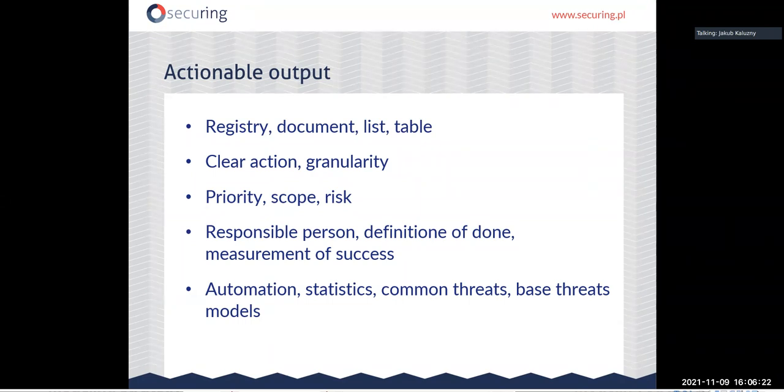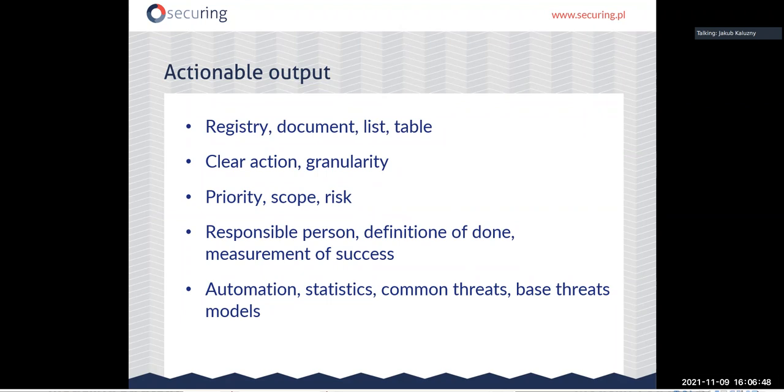We also expect clear action and granularity of those threats, so that we don't end up with very generic threats, like just six STRIDE threats. We expect some granularity. So we want to have a lot of threats in that table so that we can do something about them, right?